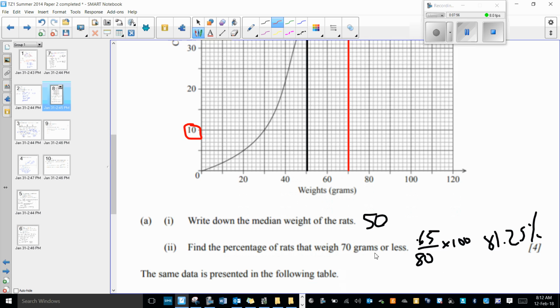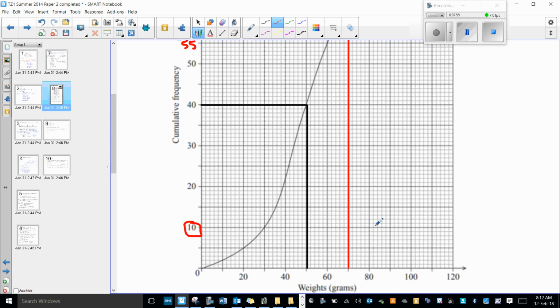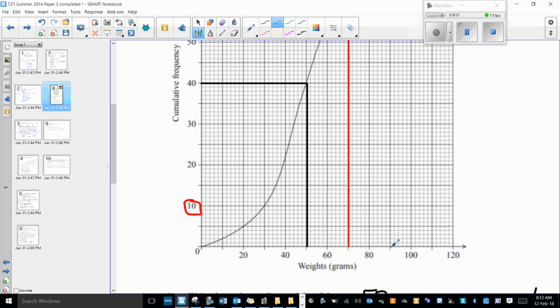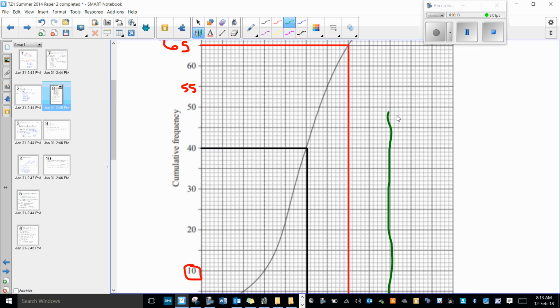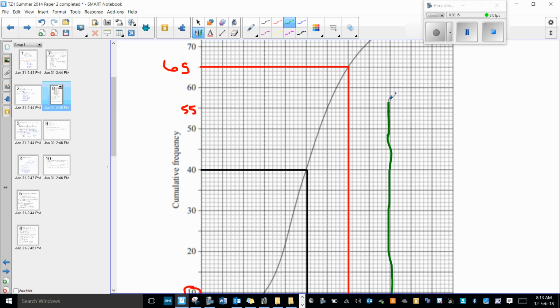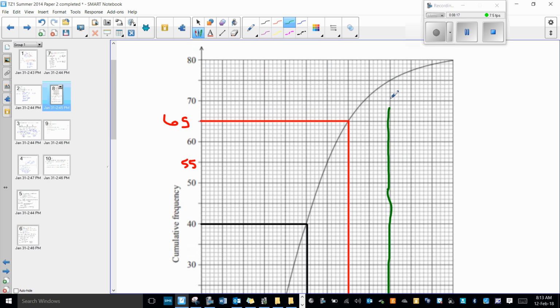60 to 90. Let's draw a straight line. This really isn't straight. That gives us 75. And from 55 to 75 is 20.